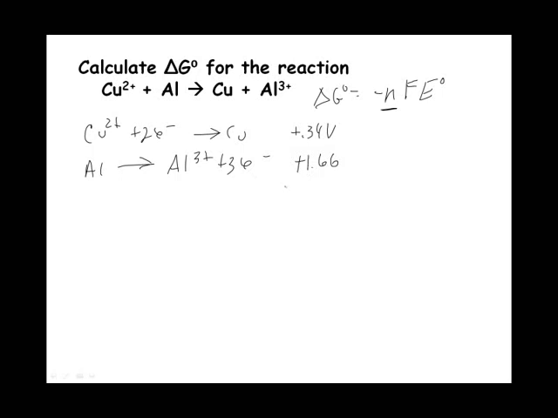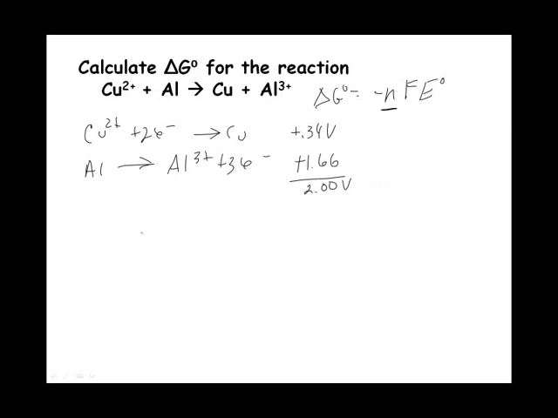So what I get when I do all that is, let me just make sure I do the Cu. Let me see, did I do this right? Yeah, okay. And when I add these together I get exactly 2 volts.